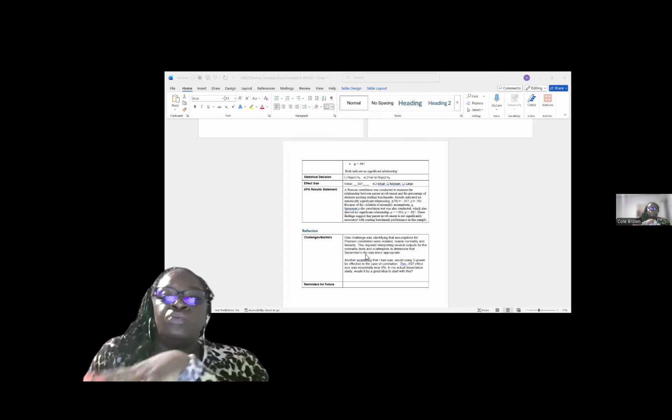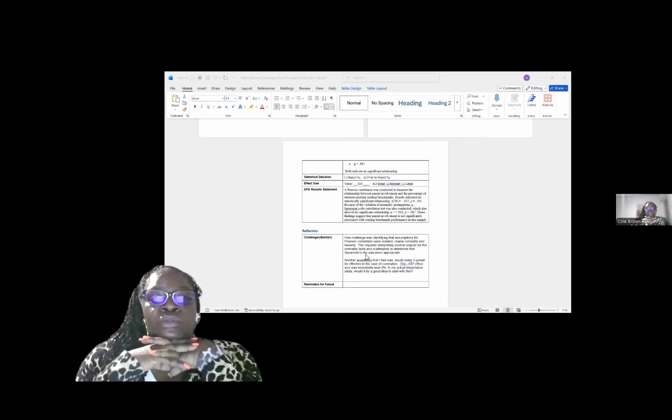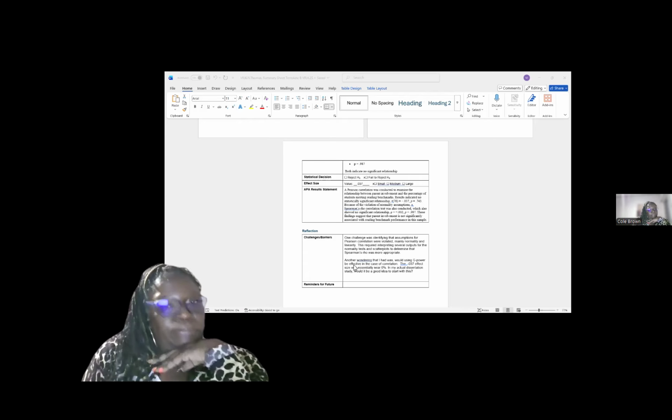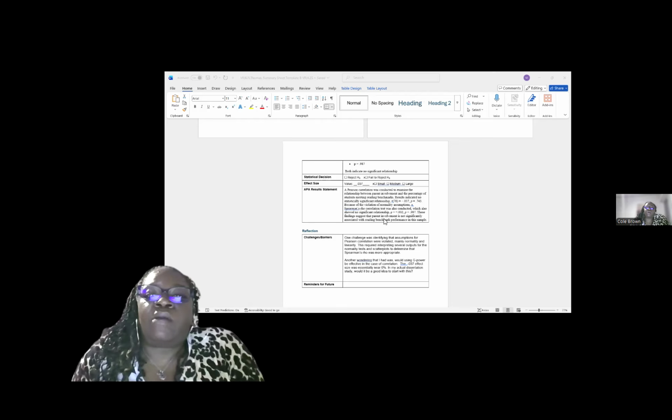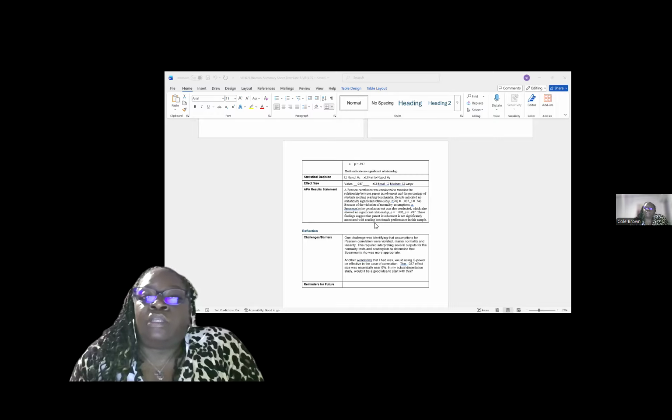They simply move in a relational pattern. These findings suggest that parental involvement is not significantly associated with reading benchmark performance in this sample.